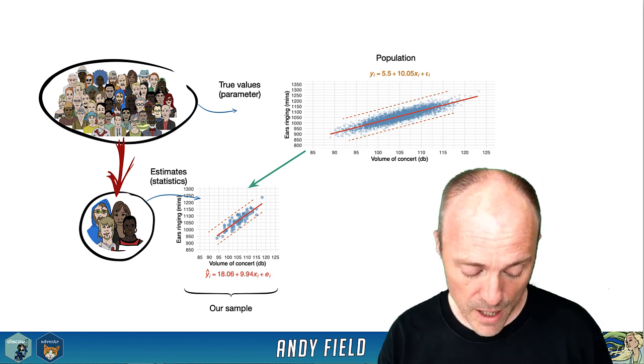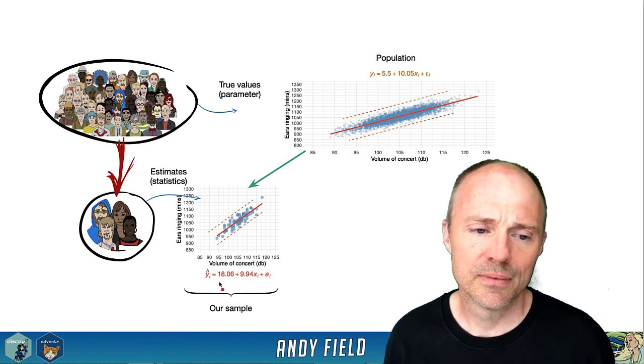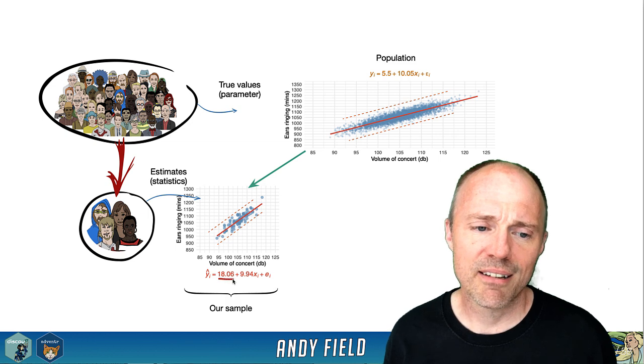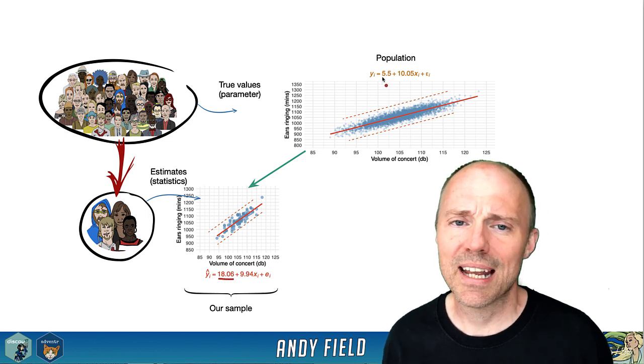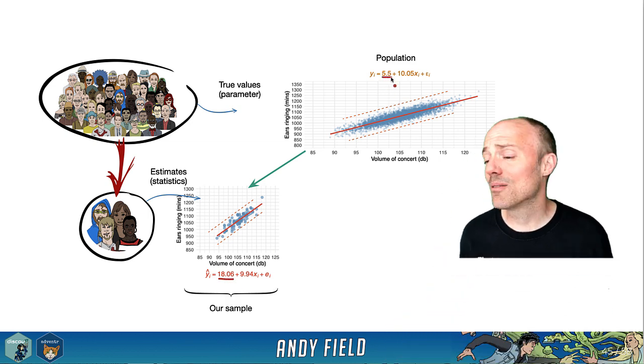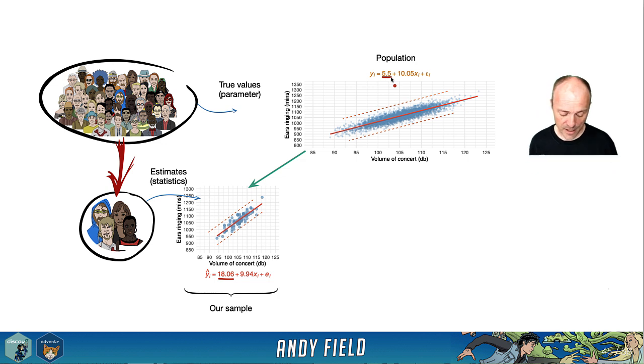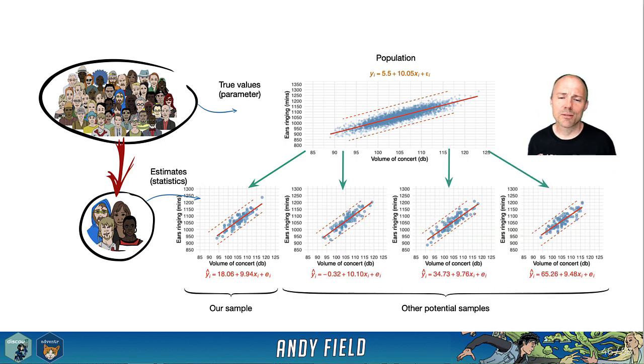So for example, in this sample, it's telling us that beta 0 is 18.06 when in the population it's 5.5, so they're quite different values. But imagine we took some other samples. Again, we're getting slightly different values of beta 0 in all of these.